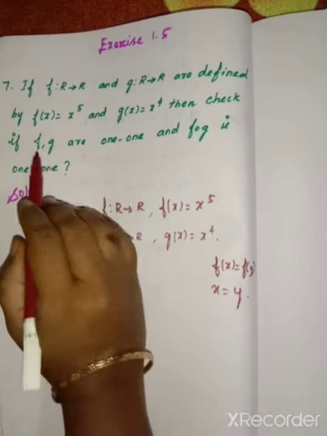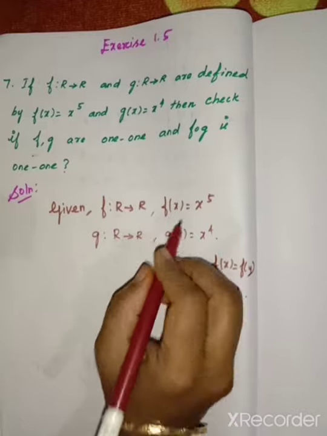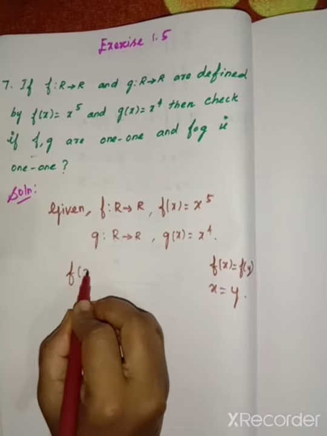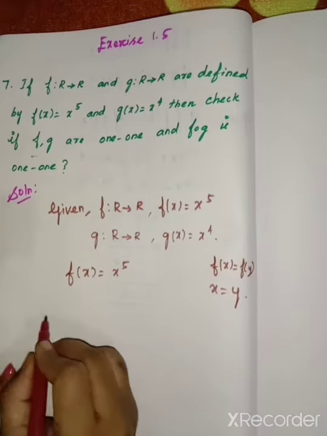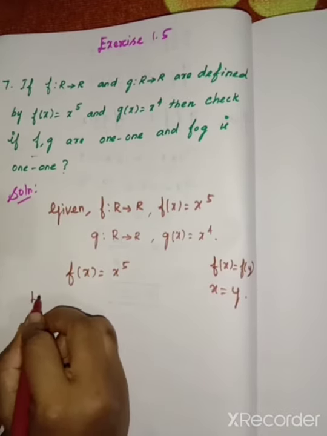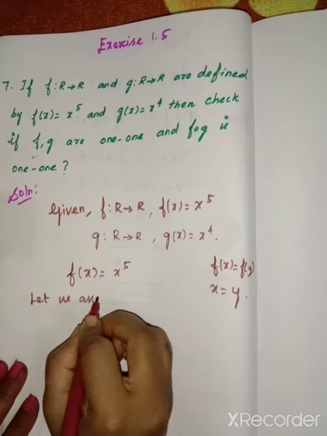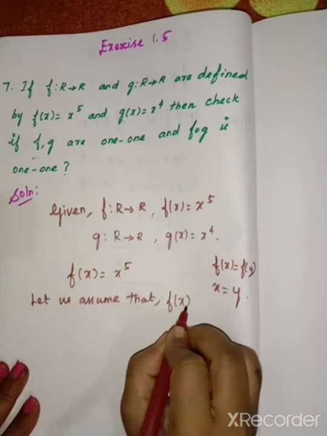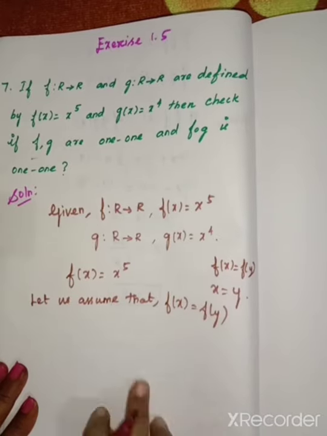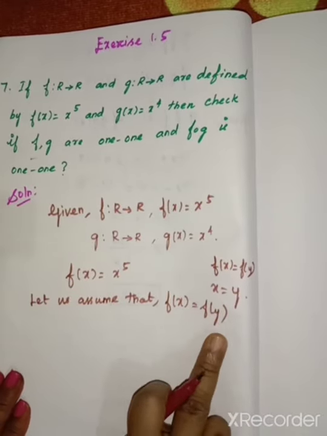So first of all we want to check f of x. Here f of x equal to x power 5. Let us assume that f of x equal to f of y.